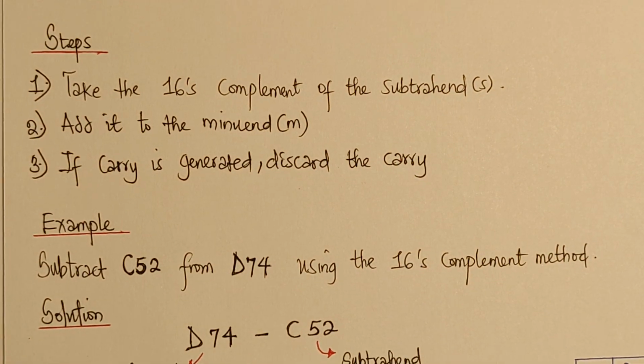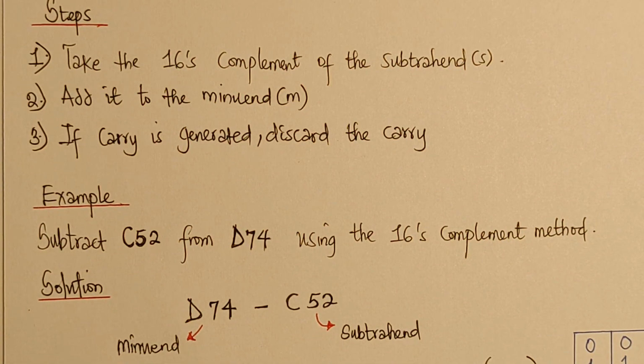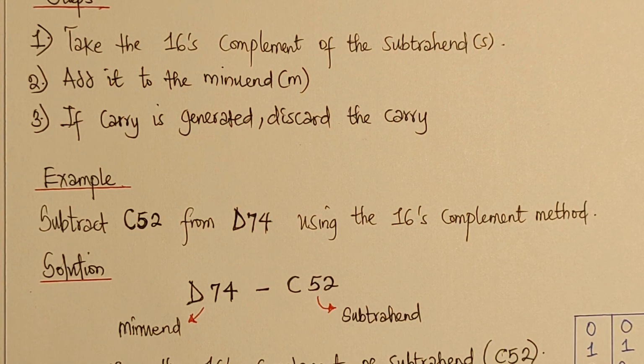Okay, so with that, we are going to identify the minuend and the subtrahend. So the D74 becomes the minuend, and the C52 becomes the subtrahend from this given question. Now we proceed with the step. Remember, we are asked to use the 16th complement method.